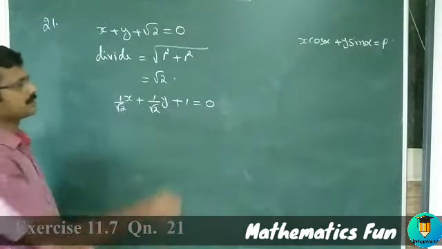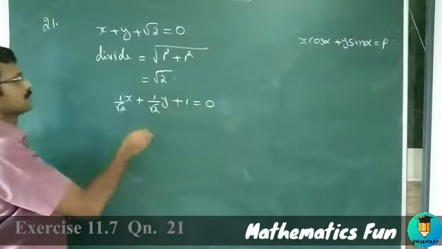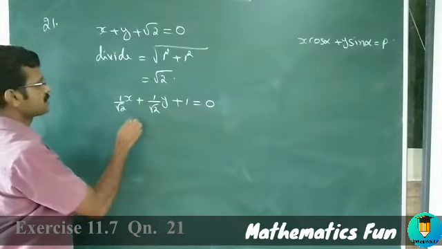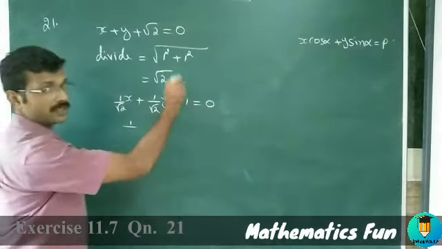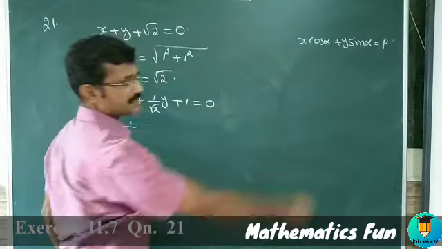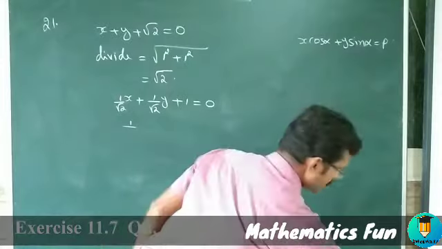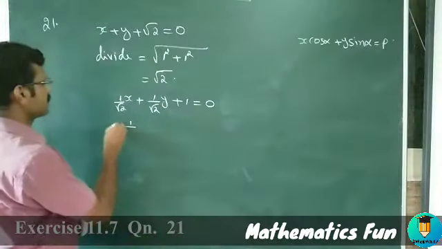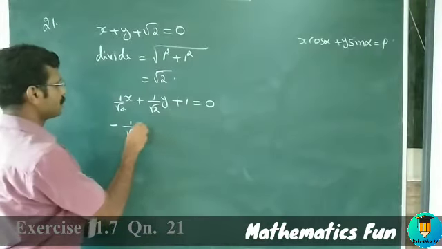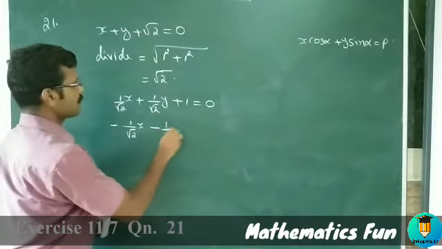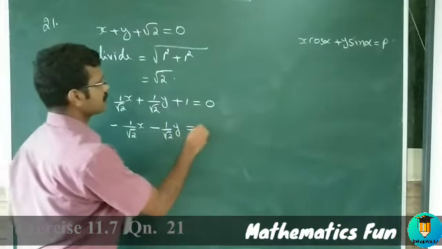I divided throughout by root 2. This can be written like this also: I take the constant to the other side, and we need it to be positive. So I keep 1 here and transfer the other terms. So it is minus 1 by root 2 x minus 1 by root 2 y is equal to 1.